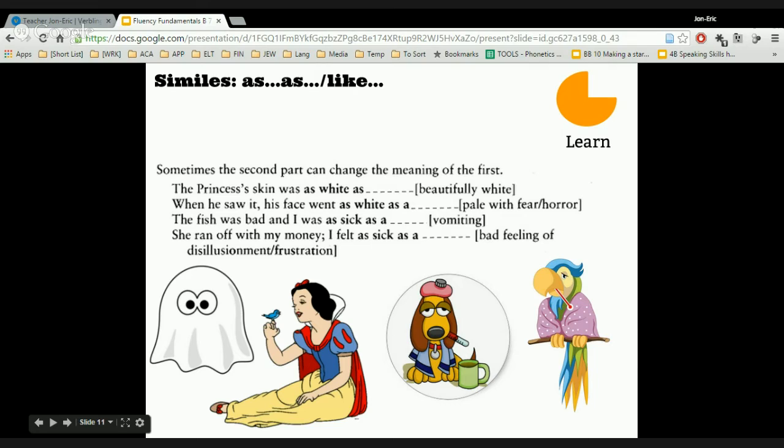Sometimes the second part can change the meaning of the first part. Like the princess's skin was white as, well, you know because you've got the picture, I think. Yes, Princess Mary. Mary had a little lamb whose fleece was white as blank.